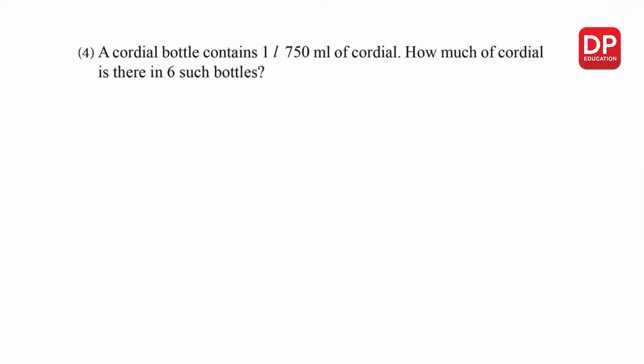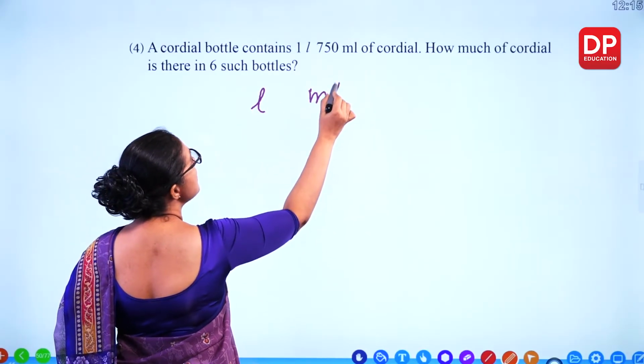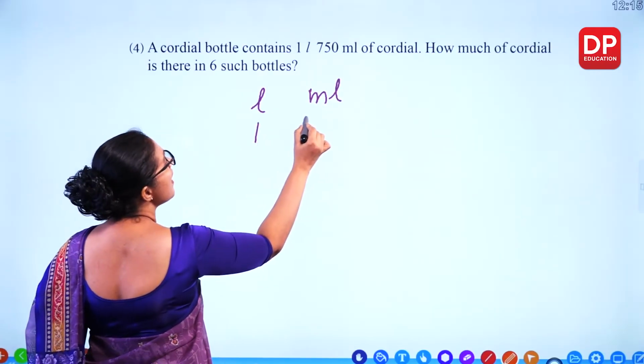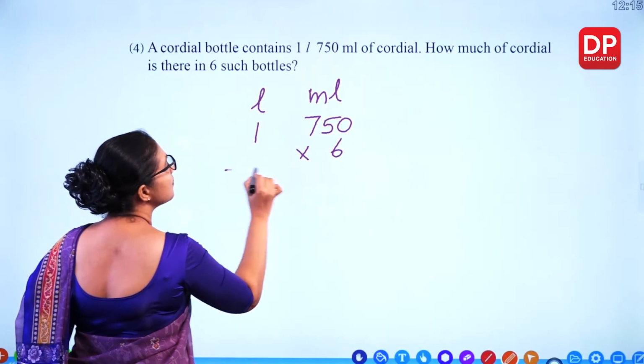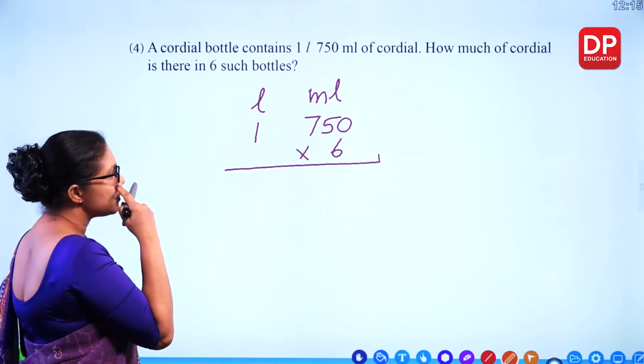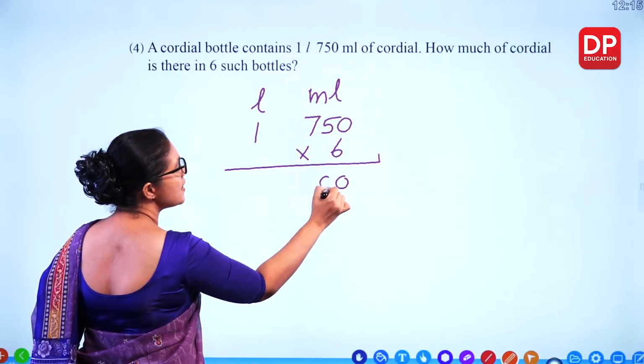Question number 4. A cordial bottle contains 1 liter 750 milliliters of cordial. How much cordial is there in 6 such bottles? So multiplication. So liters, milliliters, 1 and 750 multiplied by 6. Do the multiplication. 6 times 0, 0. 6 times 5, 30.